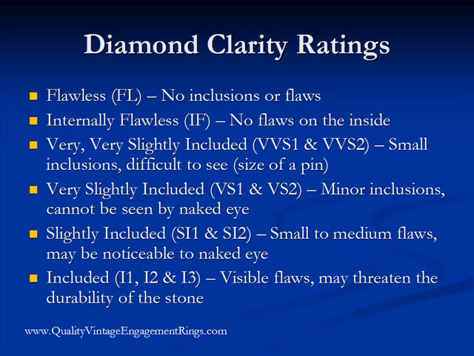There may be a crack or some type of chip in the stone that could threaten the stone itself. Possibly, the crack could go deeper and the stone could break. So do keep in mind that if you are going with a stone that is in the included category, it is a possibility that the stone is not as strong as some of the other clarity ratings.